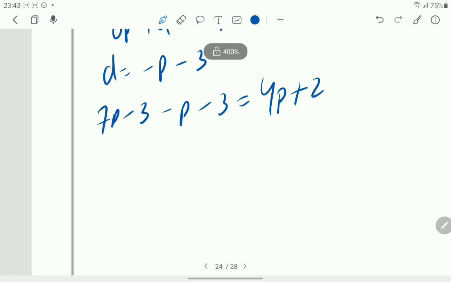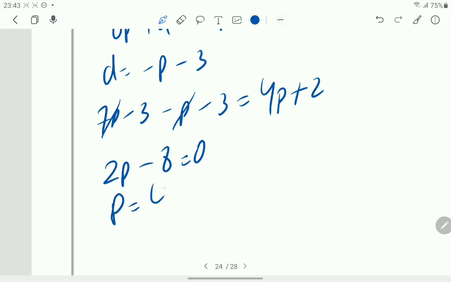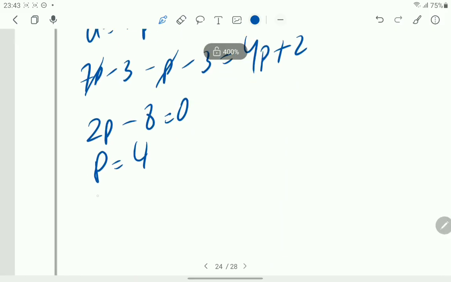So we get 6p minus 3 minus 3 is 6, and we get 2p minus 8 equals 0, p is equal to 4, and so we can say that a is equal to 32, since this is 8p.